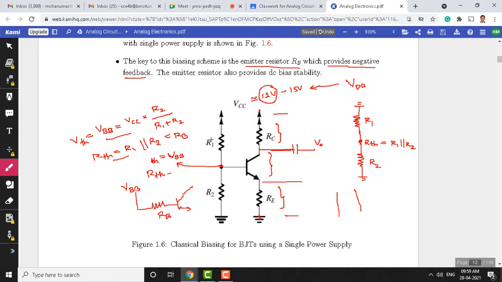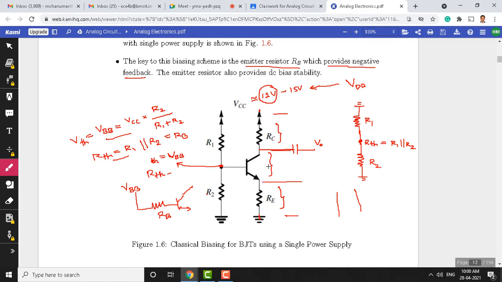So there are two independent branches here. The second branch, with R1 and R2, is required to provide constant current to the base of this transistor, so that the collector current is also maintained constant irrespective of variations of transistor beta, temperature variations and lots of other parameter variations, alpha, beta, gamma, so many parameters.